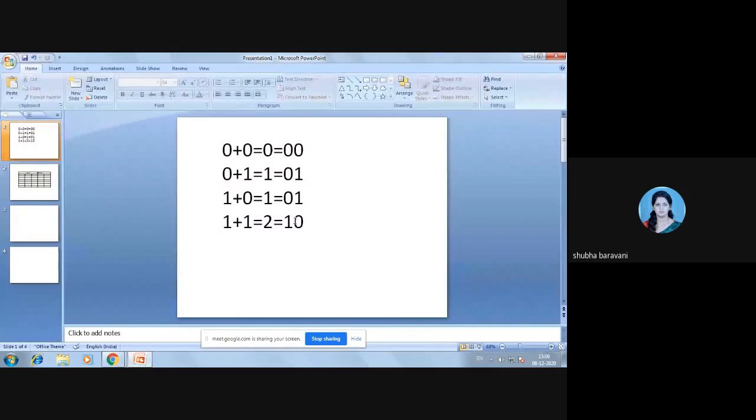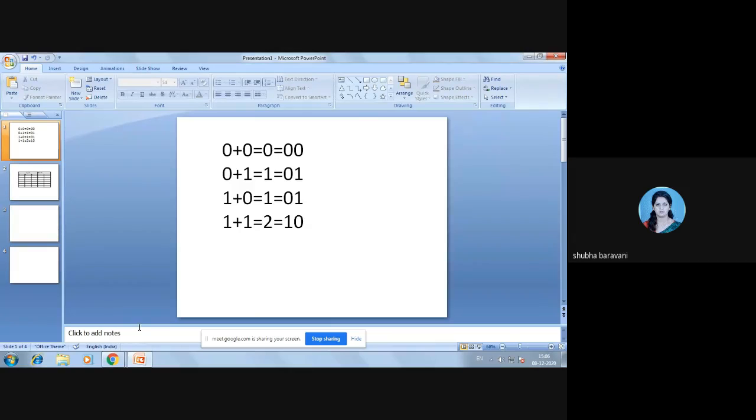It means the sum is of 2 digits. The higher significant bit we call a carry, and the lower significant bit is called the sum.